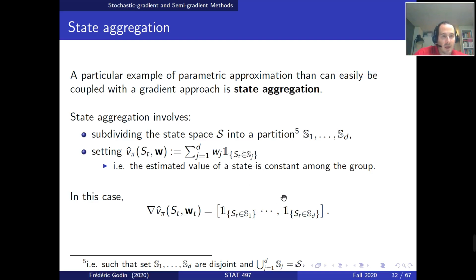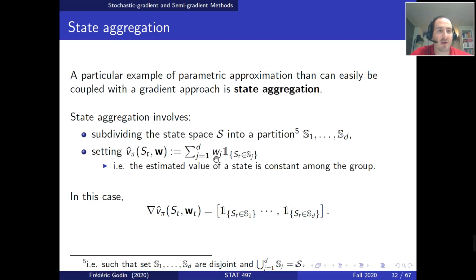So in this approximation, all states in the first subset S1 have an approximated value of W1. All states in the subset S2 have an approximated value W2, etc., until in the Dth subset of the partition all states within have an approximated value of WD. So the gradient for this function is pretty simple to calculate.